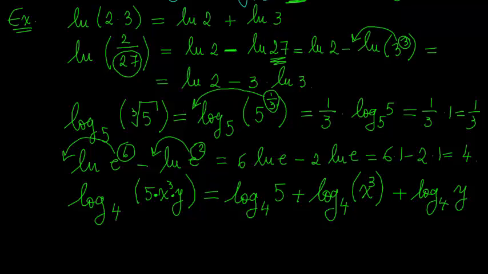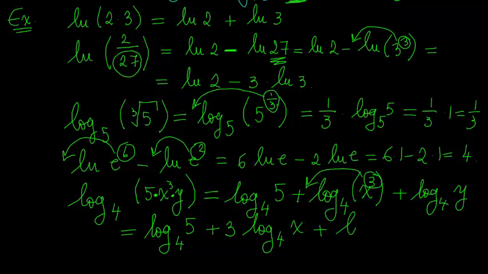And finally, what I can do to simplify this expression is pull the 3 in front of the log. So I get the final answer, log base 4 of 5 plus 3 log base 4 of x, and then plus log base 4 of y. Now we notice that really I basically had 2 steps in getting to the answer.